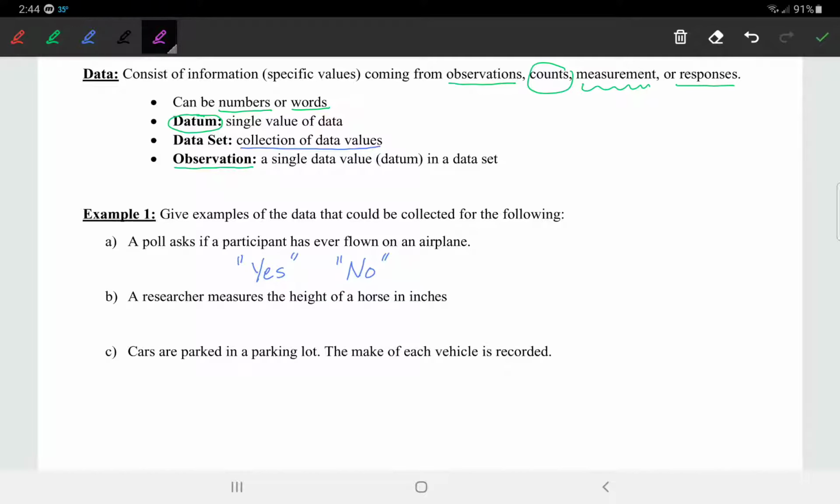A researcher might be measuring the height of horses in inches. Well, the types of data that could happen there is if you have a horse that's 3 feet tall, 36 inches would be the corresponding data.